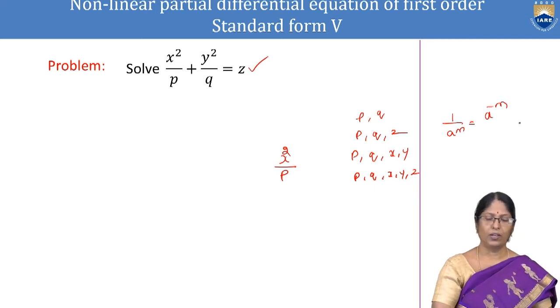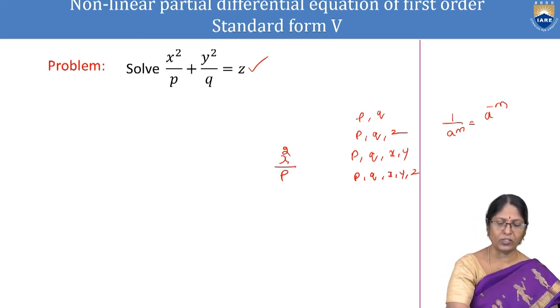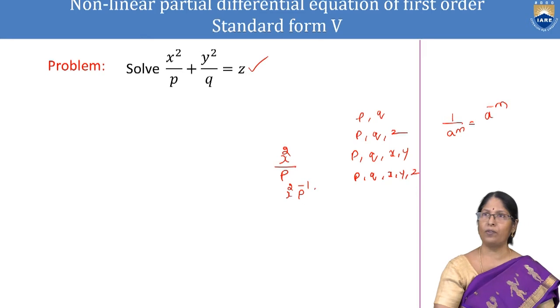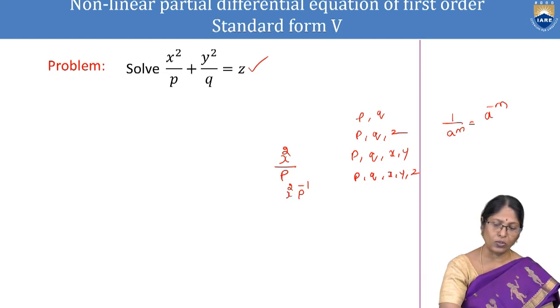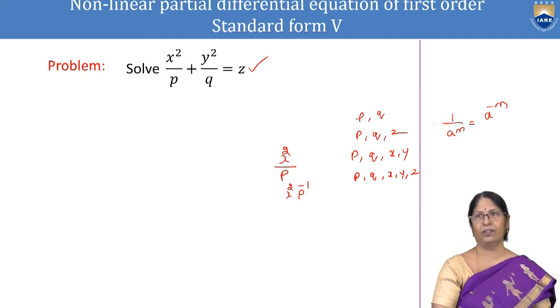Similarly, x square by p can be written as x square p power minus 1. So x into p is the combination, and x also has some power. Then it comes under standard form 5.